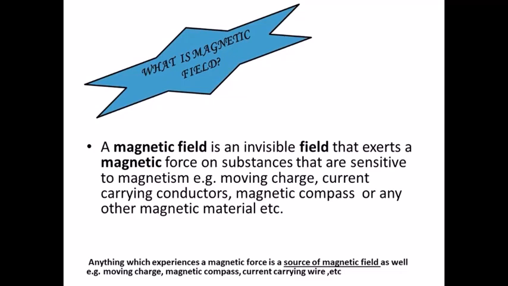For example, I just told you that a moving charge experiences the magnetic force. A moving charge, if it is experiencing a magnetic force, should then be able to generate a magnetic field as well. A magnetic compass experiences the magnetic force.